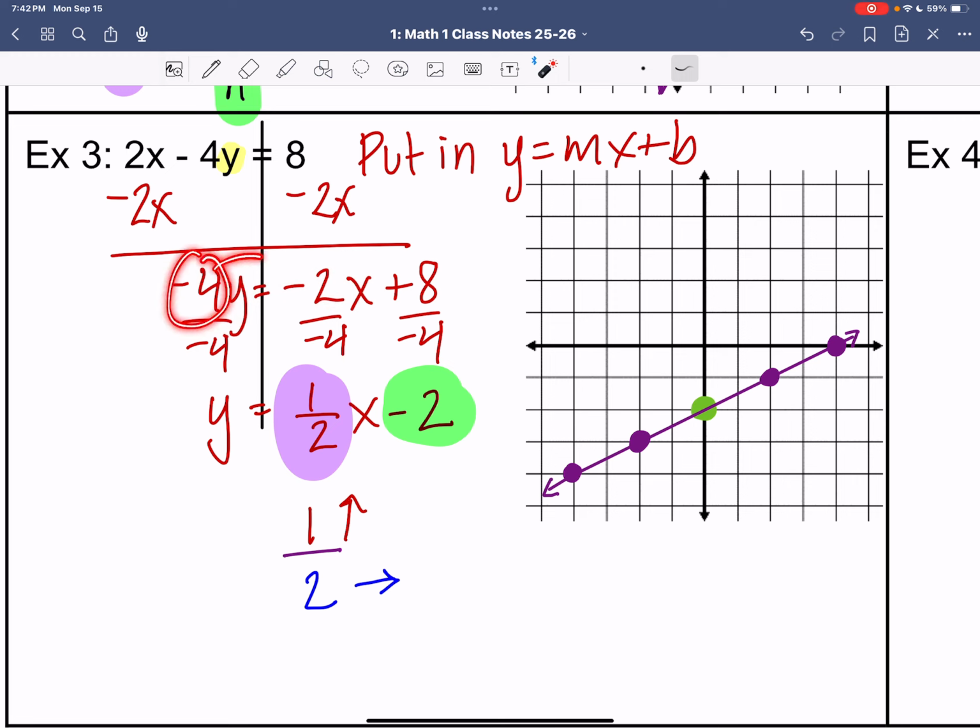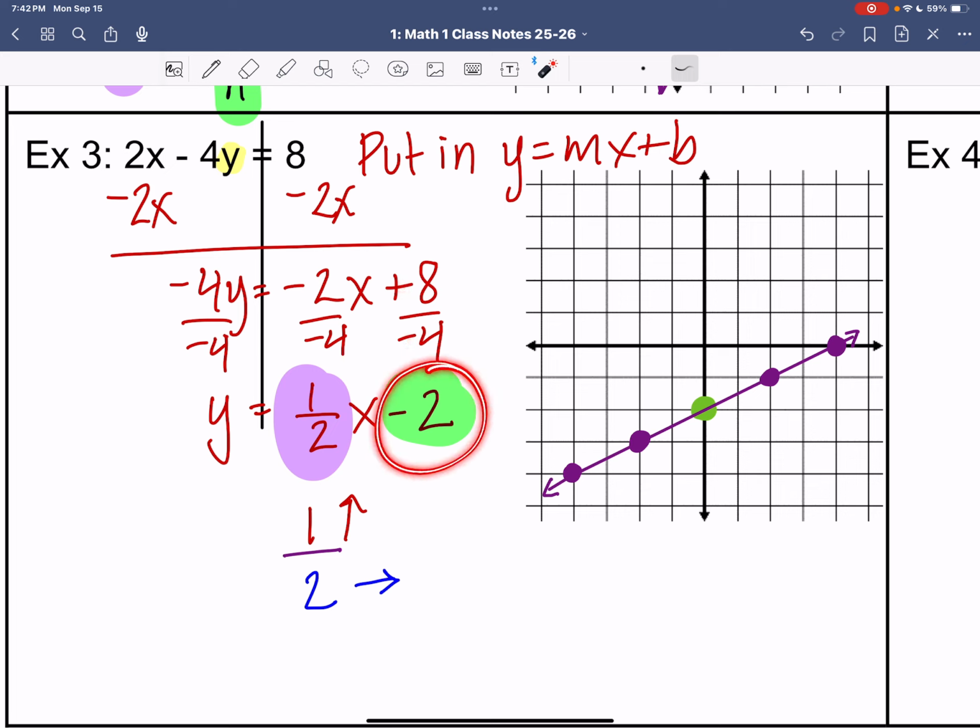Now we need to move this negative 4 over by dividing each term. That simplifies to positive 1, so that's what we want. Negative 2 over negative 4 gives you positive 1/2. And then positive 8 and negative 4 gives you negative 2.